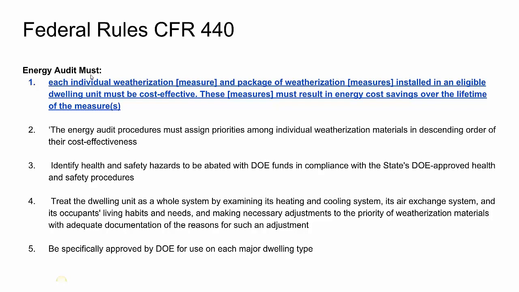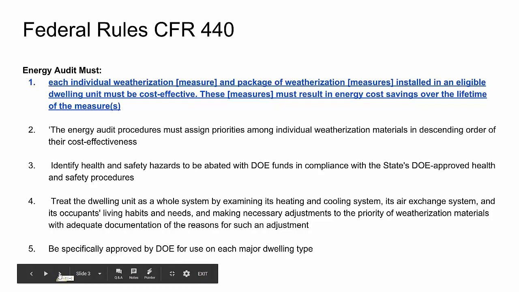And so when someone from the federal government wants to come out and determine whether or not each individual weatherization measure and package of measures was cost effective, they will not look at the audit and what we estimated it was going to cost. They want to look at what it actually cost.